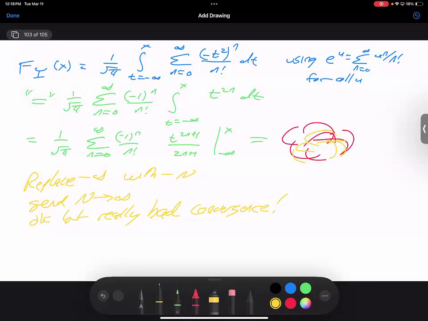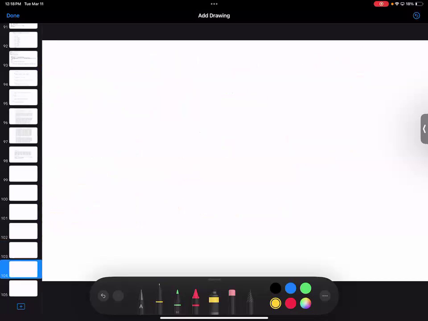Is there any value of x where you know the probability of getting a value from the Gaussian of x or smaller? Okay, and what's that at infinity? 1. Is there any other value you know? 0. What's the value at 0? 1/2. So this is the trick.